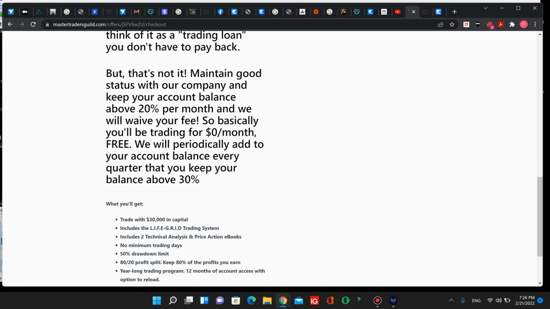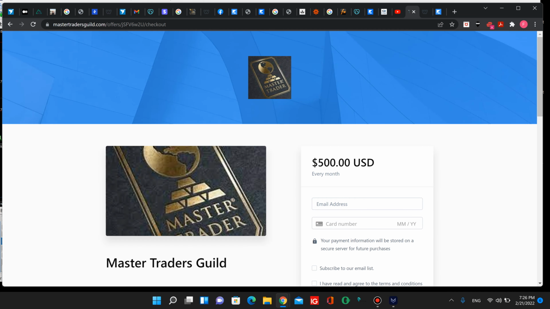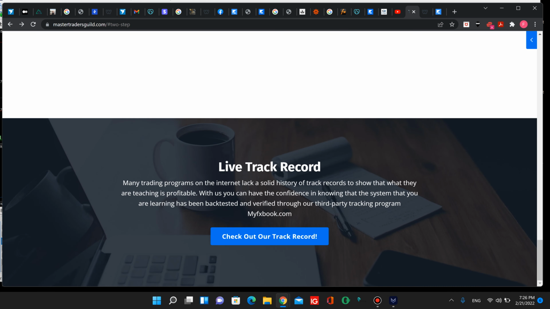Just understand that this program is just the beginning of our relationship as your mentor, and there's opportunity to eventually take this as far as employment. So take some time, think about it. If you're interested, once again, it's mastertradersguild.com, and you'll see everything on the site.